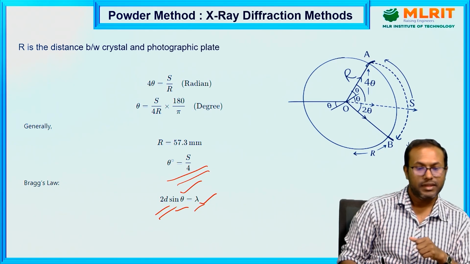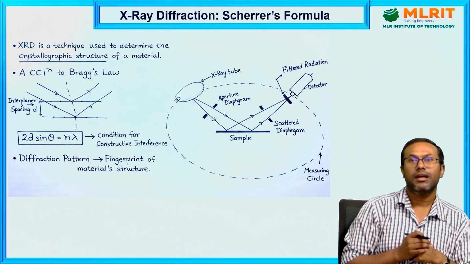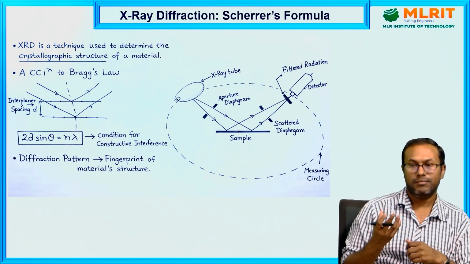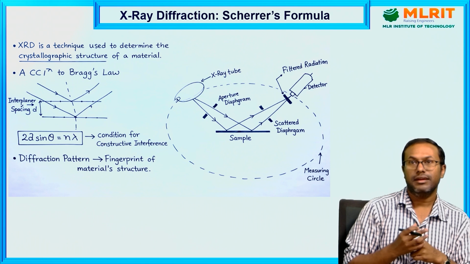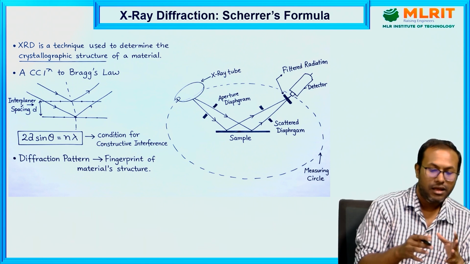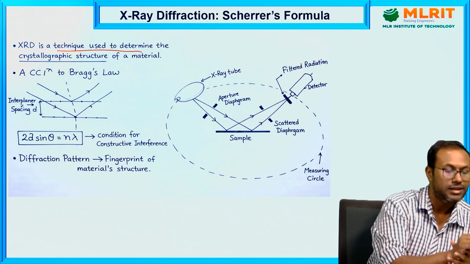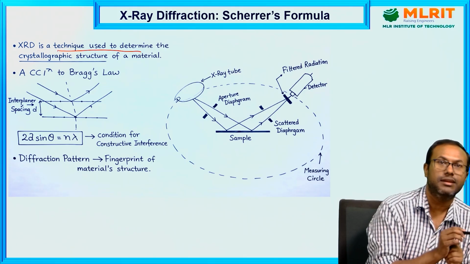Next in X-ray diffraction methods, we can discuss the Scherrer formula to determine the size of the crystallite in nanomaterials. So we already discussed what these things are. Come to these diagrams. XRD is a technique used to determine the crystallographic structure of a material.